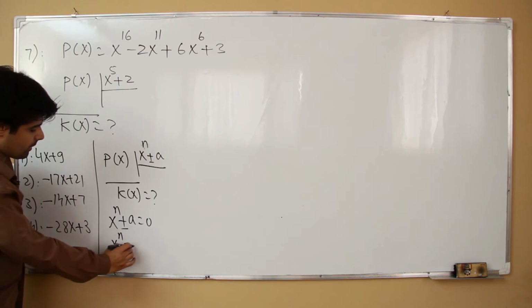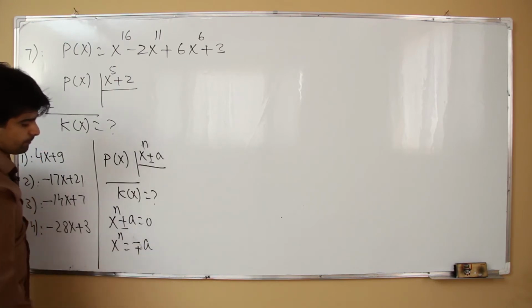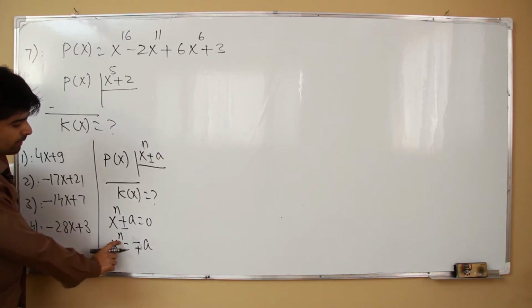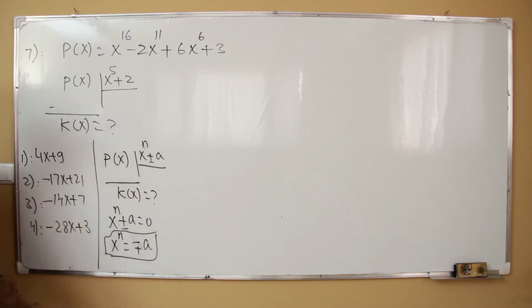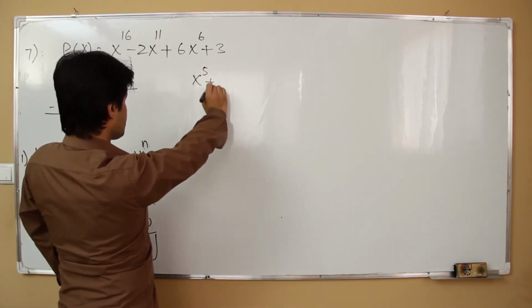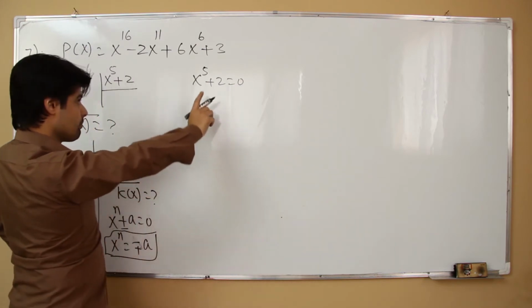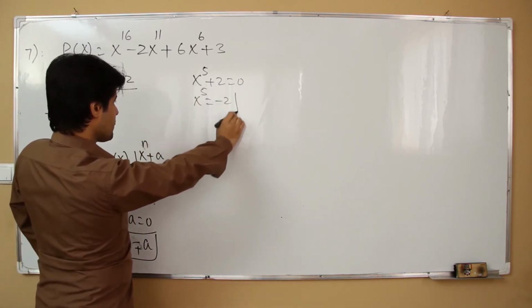So x to the power n would be minus or plus a. Then instead of x to the power n, put plus or minus a, and it would be the remainder. What do I mean? I mean x to the power 5 plus 2 should be equal to 0. So x to the power 5 is minus 2.